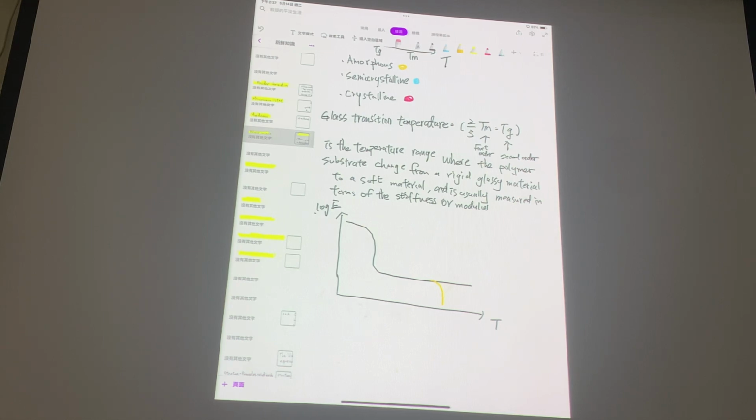This is the melting point, and this region over here is the TG point. Within this region, we say it's a TG point.